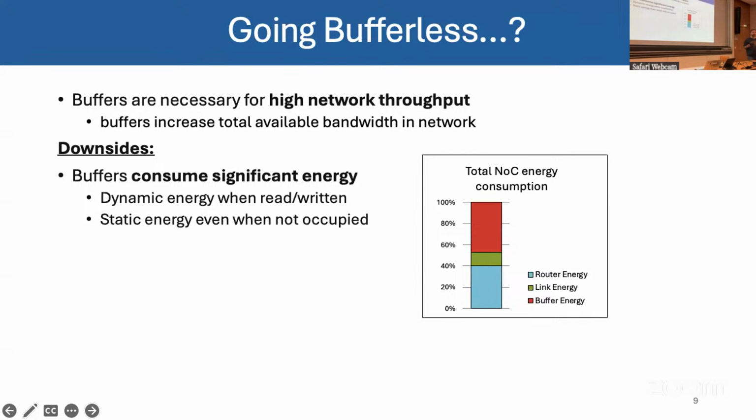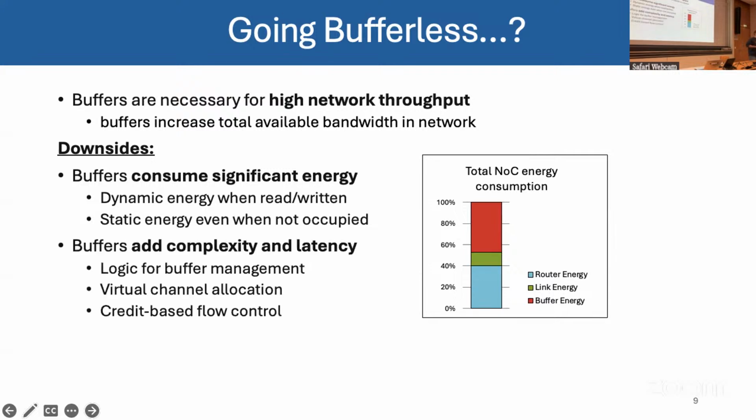They consume a significant amount of the NoC's power, when the buffers are read or written, and even when they're not occupied, they use static energy. Buffers add complexity and latency to the routers. So we need logic to read and write into the buffers.